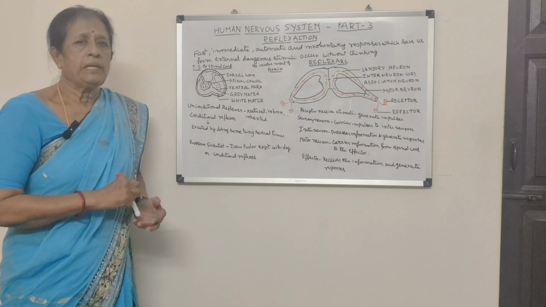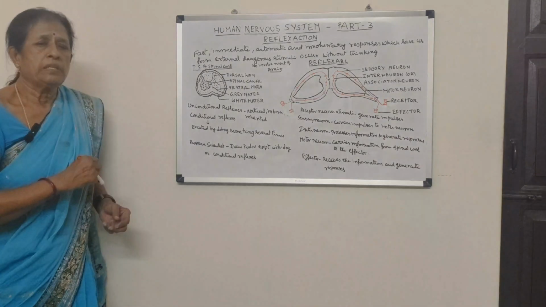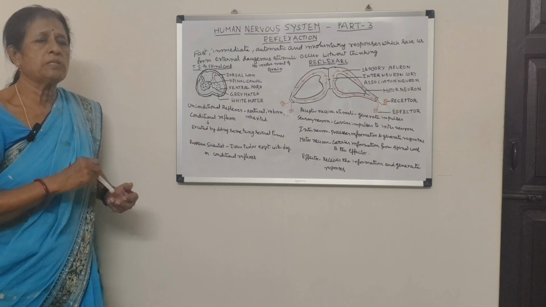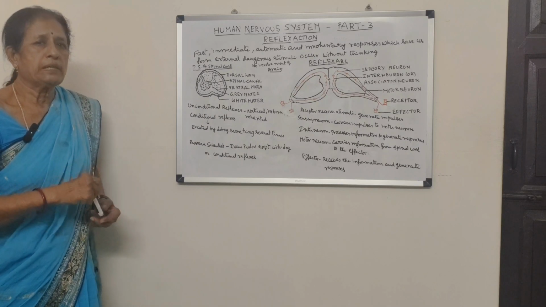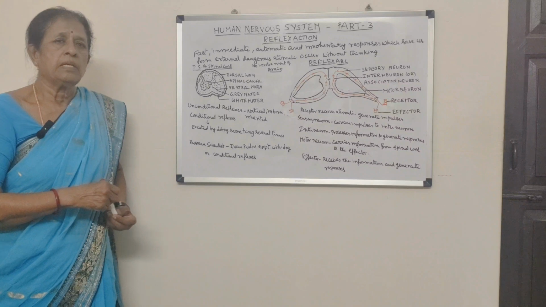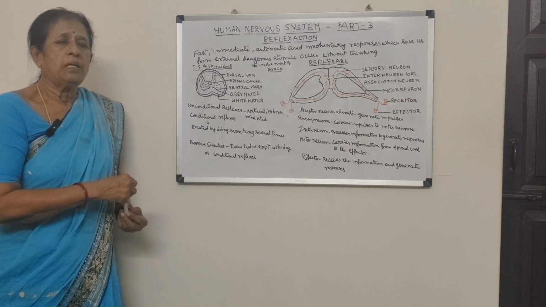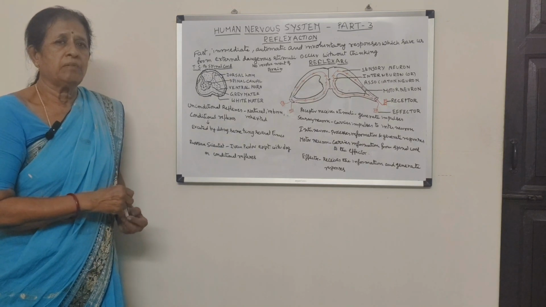Then he changed the method. He rang the bell and gave the food to the dog. He continued this for several days. So the dog was conditioned to the situation that when the bell rings, it will get food. After several days, he rang the bell and did not give the food, but the dog was conditioned.